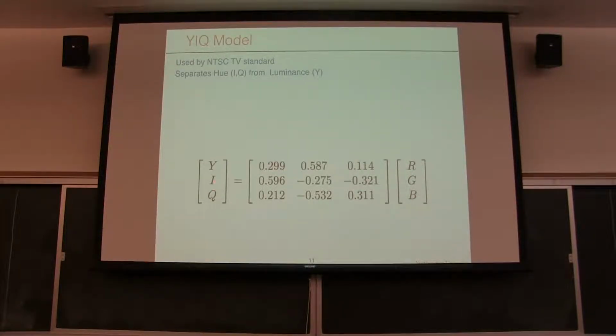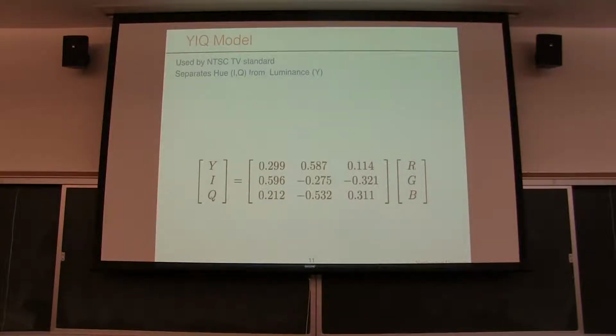And then the other portion here, IQ, had to do with actually the color. So it has these funny numbers. Again, these are based on how the human eye works. But again, it's a linear transformation. So if you give me RGB values coming out of a color camera, and you apply this matrix, you get these YIQ values.